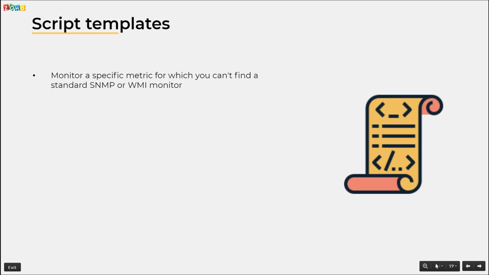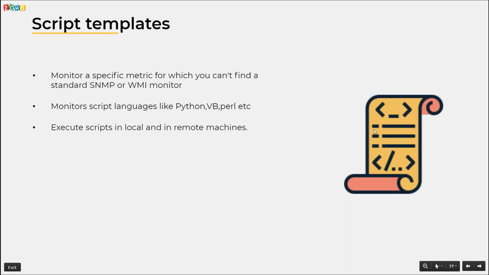So if you don't find a standard SNMP or WMI monitor, you can use this script monitor, where you can have the script in any programming language such as Python or Perl. You can execute the scripts on both the local machine as well as remote machines, and the format which you need to follow is the instance followed by the value.